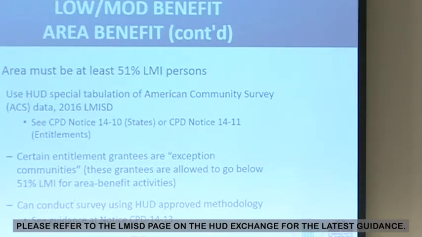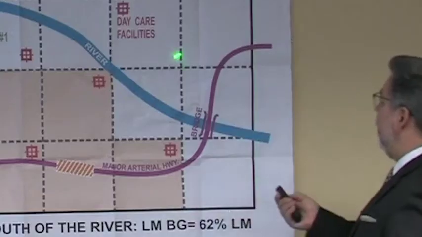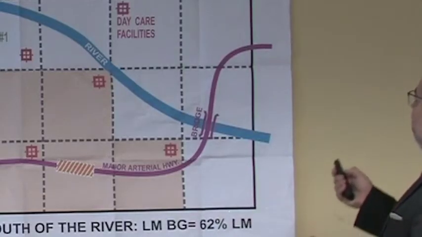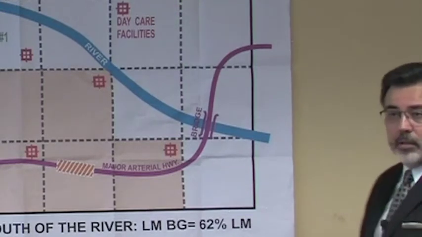As an example, sometimes when you are a more rural community, your block group may be huge, okay? But let's say that this was the block group, but the activity that you carry out is really only going to benefit a group that is this small, okay?